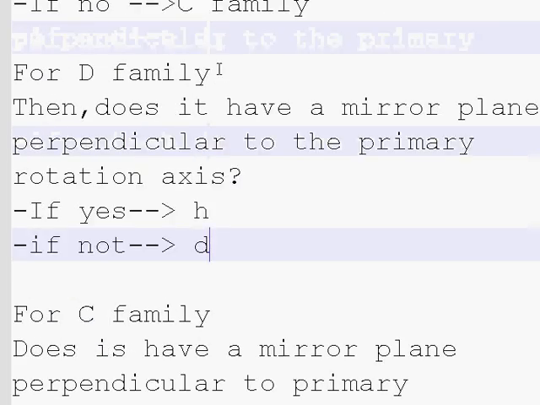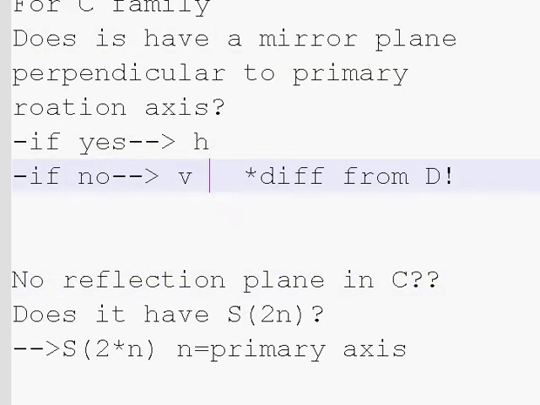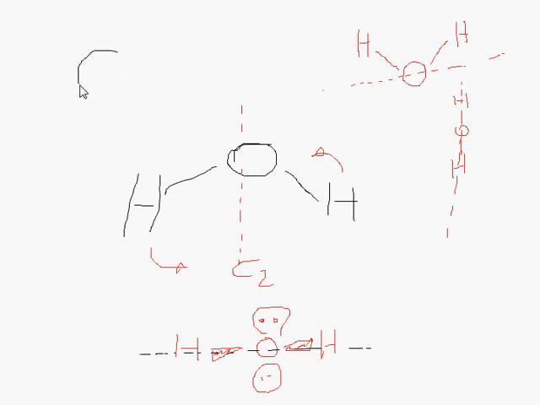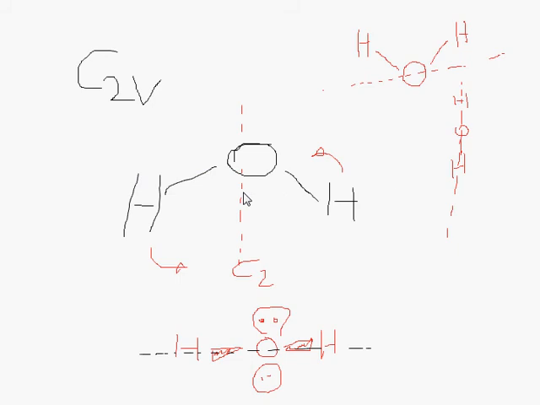Now remember, up here in the D family, it was Dnd. So now it's going to be Cnv. So water, I think I've mentioned a million times already, is C2v. But what if it had no reflection plane that was in line with the primary rotation axis either?